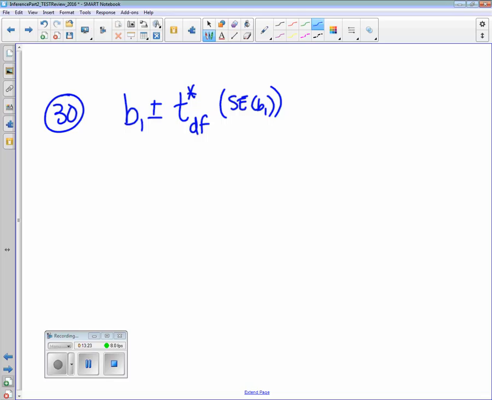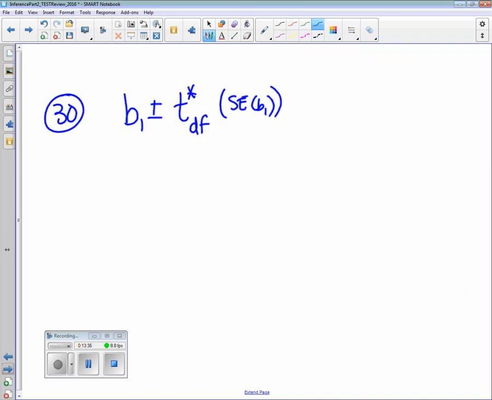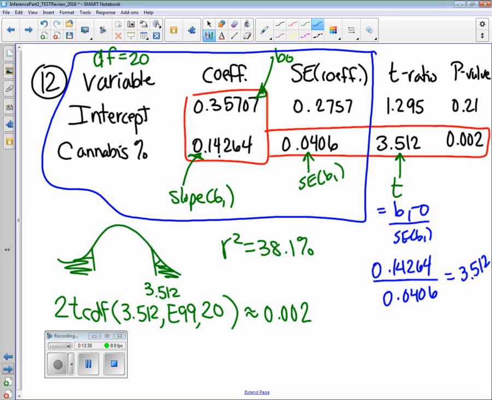So we have to pick out the key pieces of information. It had you refer back to question 28, which was a computer printout. We're looking for the slope, and we're looking for the standard error of the slope. So you're looking for these two numbers, the first two numbers in the second row of your computer printout.